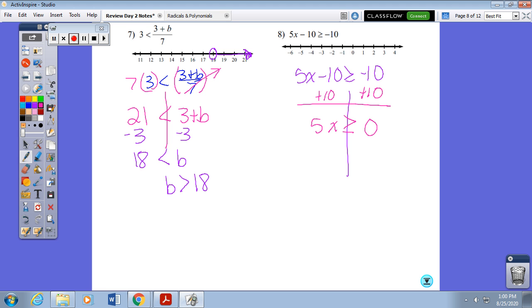So keep going. 5 times x, divide both sides by 5. x is greater than or equal to 0. 0 divided by 5 is 0. So fill in the circle because it's or equal to, it's greater than or equal to, so we're going to go this direction.